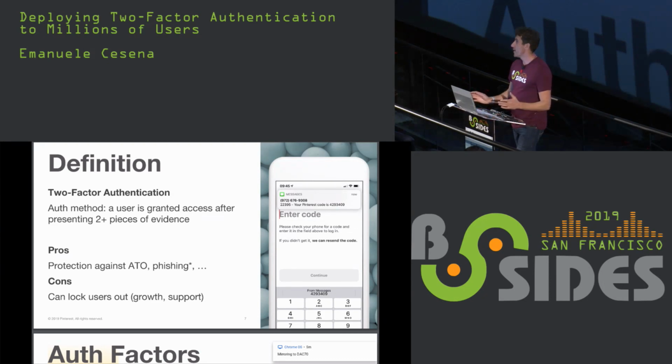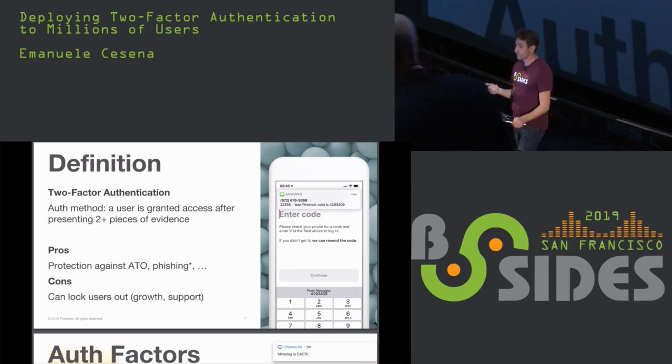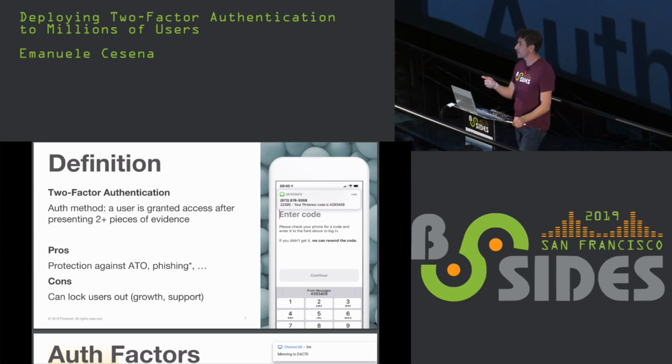And then we also have the bad users, those that reuse their password, their account gets compromised, and then they complain to us, to the company. And so for us as a company, 2FA is also a safeguard. In a way, we can go back to those users and say, hey, there is an instrument, please use it the next time. Of course, 2FA also has some cons.